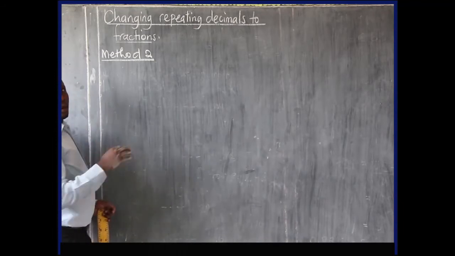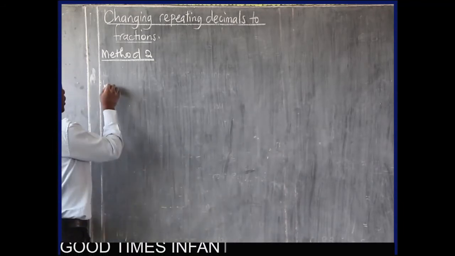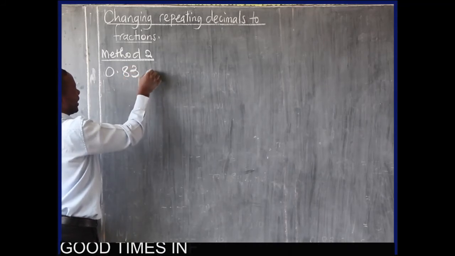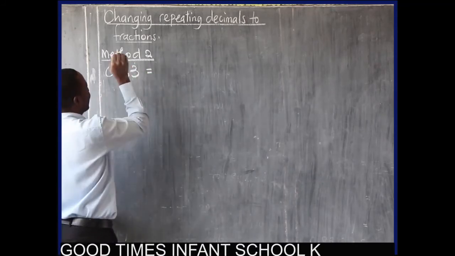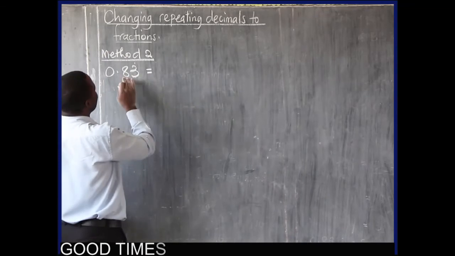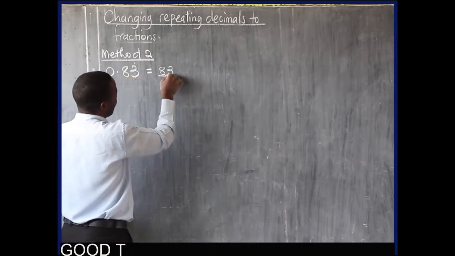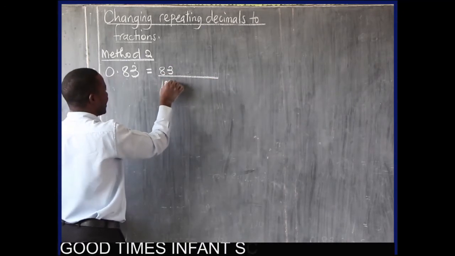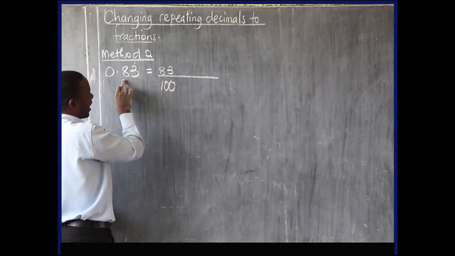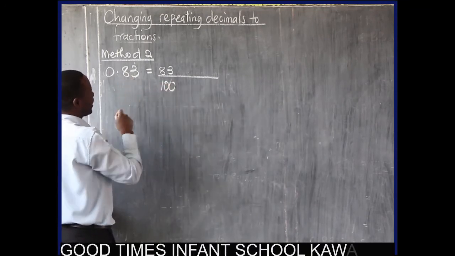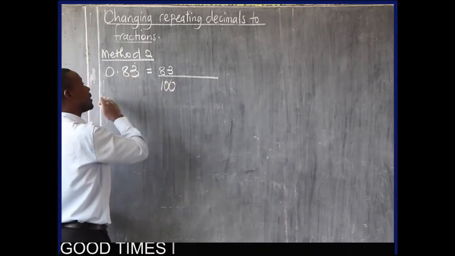The question was to express 0.83 with the 3 recurring. So this is 83 hundredths, 83 out of 100, as the whole number.